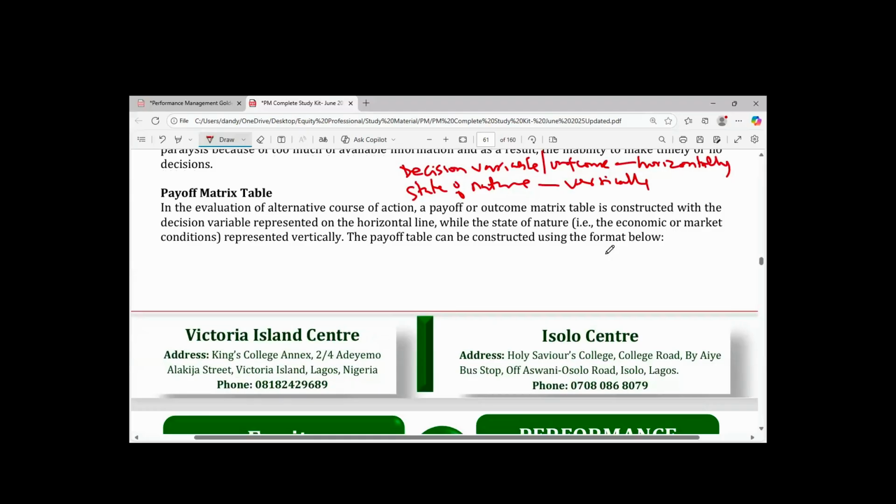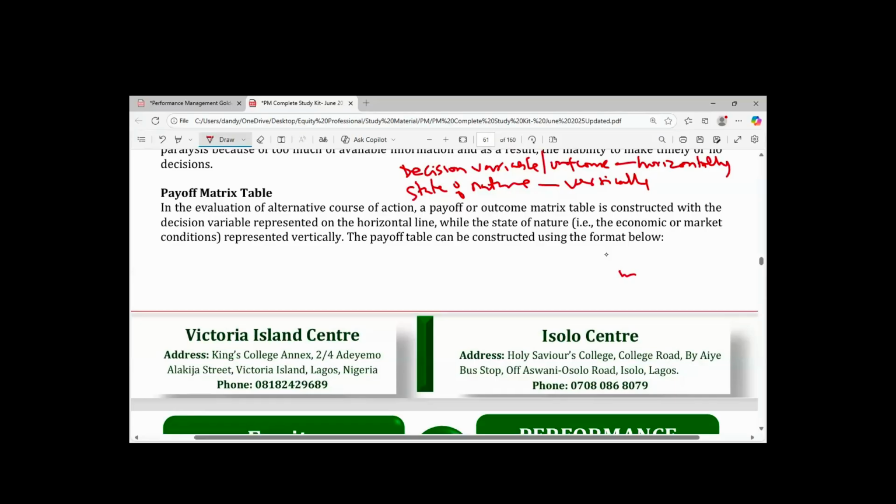You may be the one that will determine it yourself. So just note that anytime you want to construct your payoff matrix table, you are going to represent the decision variable, that is the alternative courses of action that you want to know. You want to know whether you should produce product A, B, C, or X, Y, Z. So that's your decision variable.